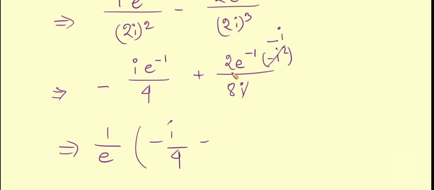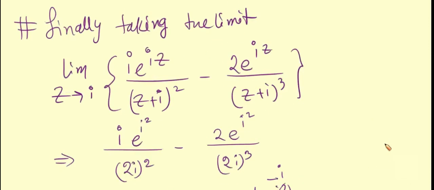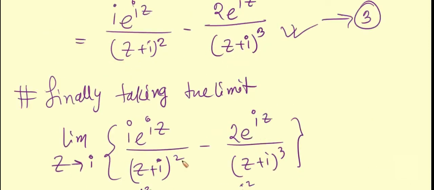So ultimately you will have something like minus i by 4 over here as well, because this 2 and 8 will give you just a 1 upon 4 factor, and this minus and this plus will eventually result in a minus sign. So finally you can have minus 2i over 4e, that is just minus i by 2e, and this is the residue at point z equals i.